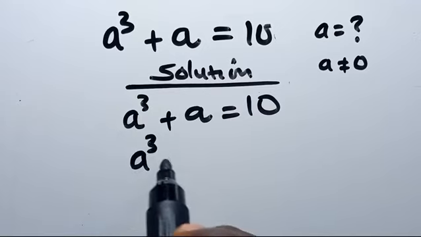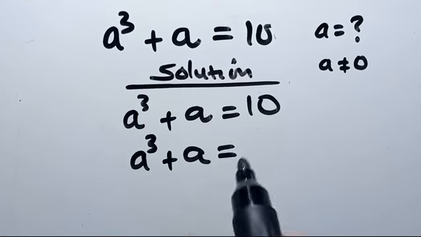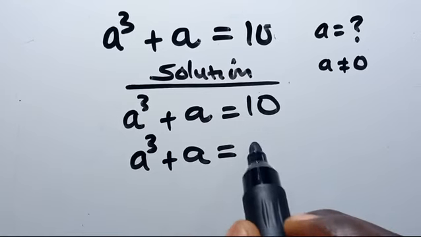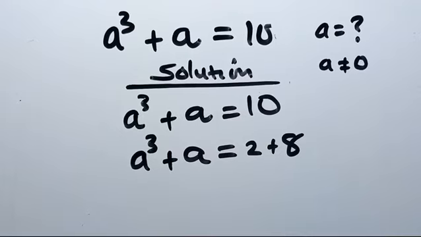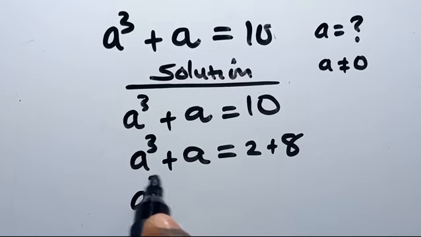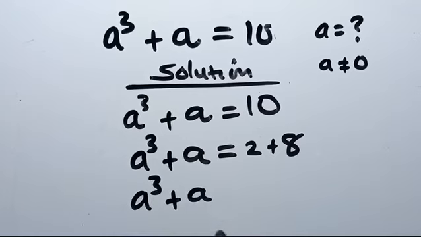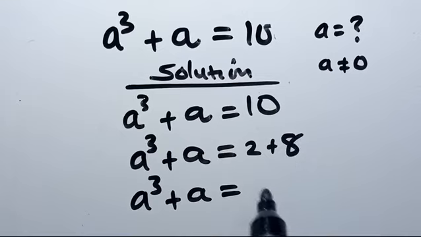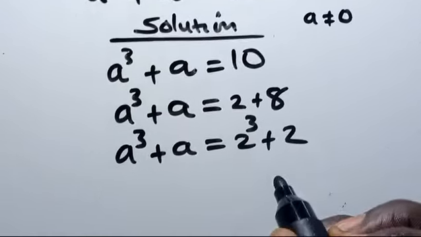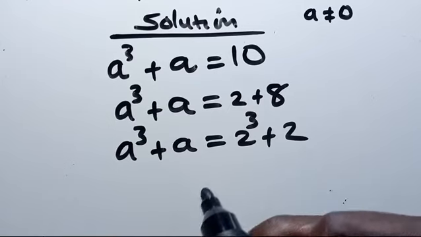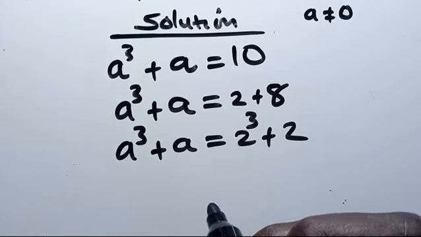We can write this 10 as 2 plus 8. Then we have a to the power of 3 plus a equals, let's write this 8 in base 2, as 2 to the power of 3 plus 2. From here, one can decide that the value of a equals 2.